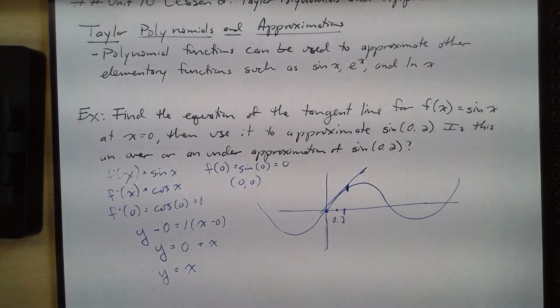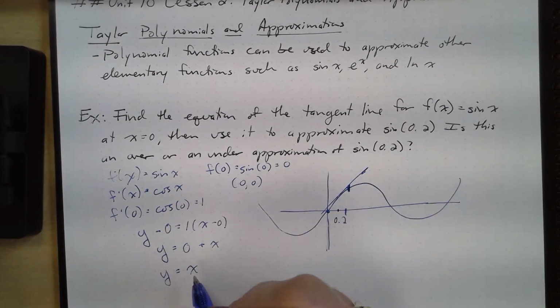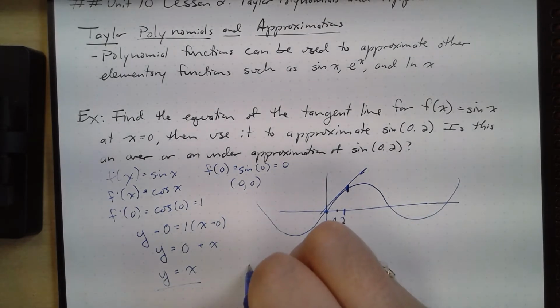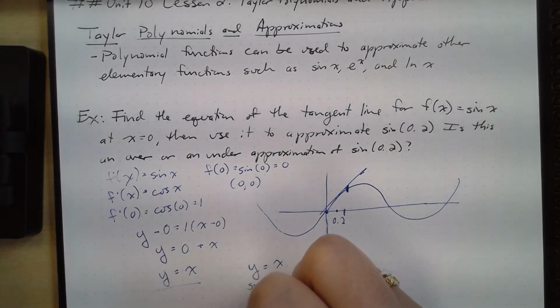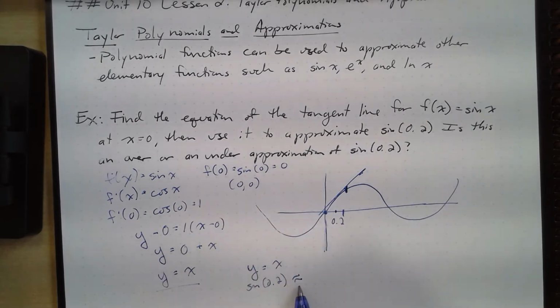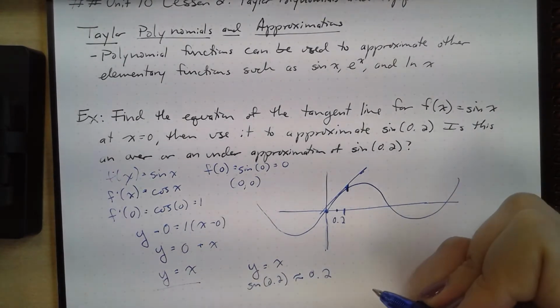So let's actually say, we're asked to approximate sine of 0.2. Well, I can use this equation to approximate sine of 0.2. So y is equal to x. So sine of 0.2 is going to be approximately, we're approximating, so you should use an approximation sign, approximately 0.2, okay?